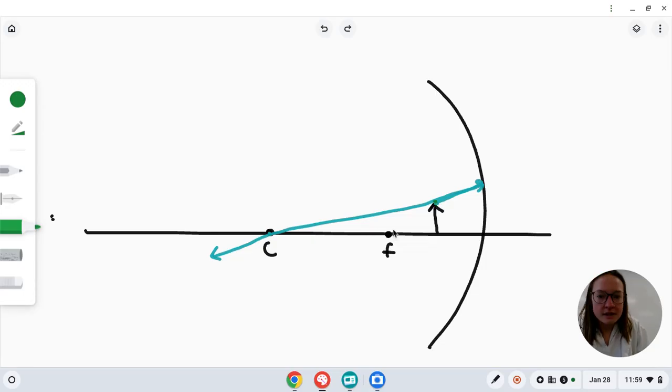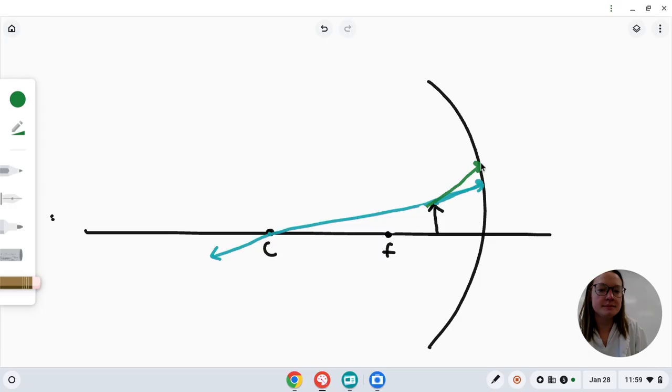I'm not going to draw the part of the light ray between the mirror and F, because that part is not actually there. I'm just drawing the light coming from the top of the object. I go to the mirror, and when I line it up with my ruler, I see that the top of this object would line up with F. That light ray is going to then reflect back.